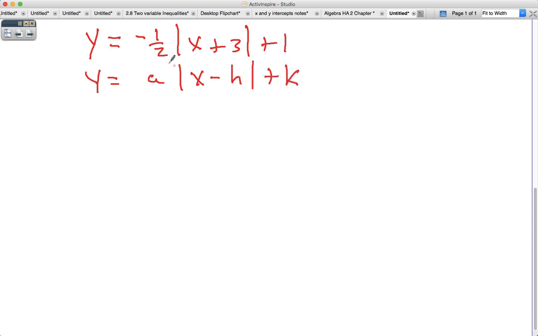I know here that a is a fraction and it's negative, so now I know it opens down. So a equals -1/2, which means it opens down, and it really is slow. It's slow here.